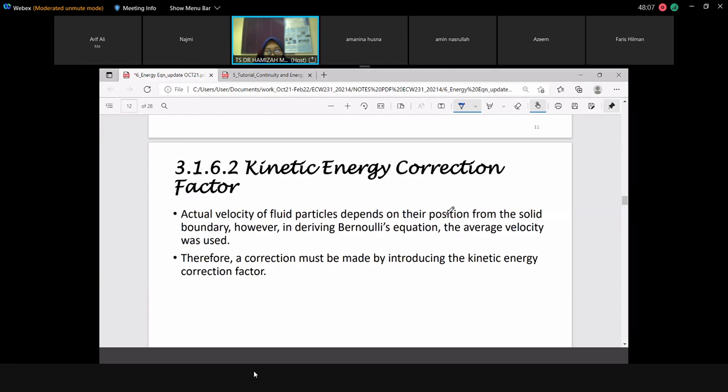So if you still remember, kita ada solid boundary. So velocity of the fluid depends on the solid boundary. Semakin jauh daripada solid boundary, semakin tinggi velocity. So bila dekat dengan solid boundary, their velocity tend to follow the velocity of the boundary, which is 0. Boundary tidak bergerak.